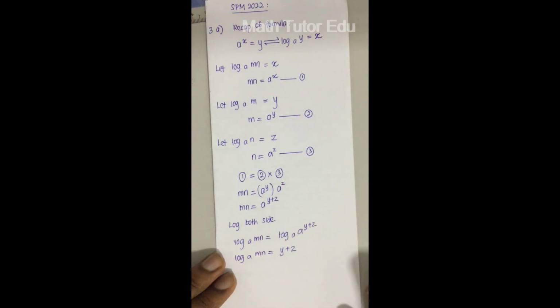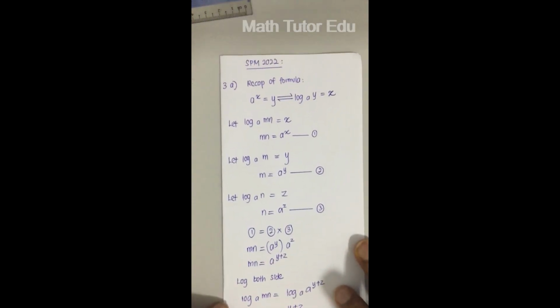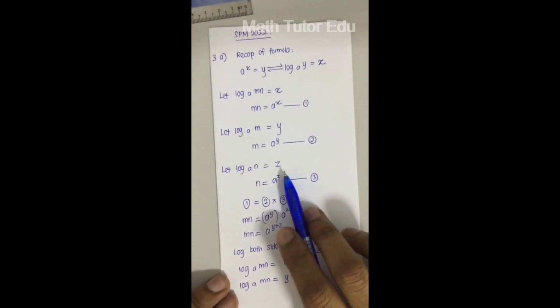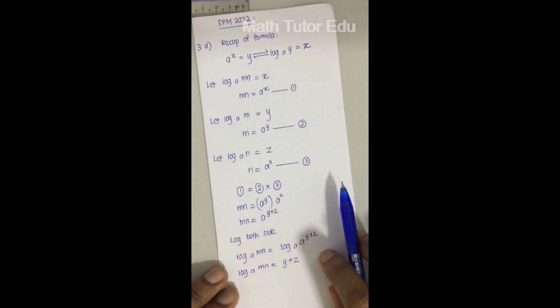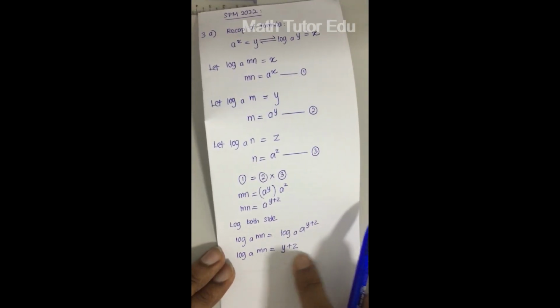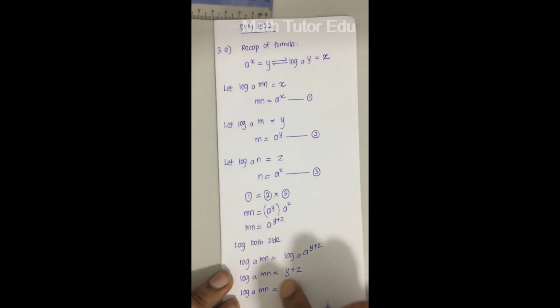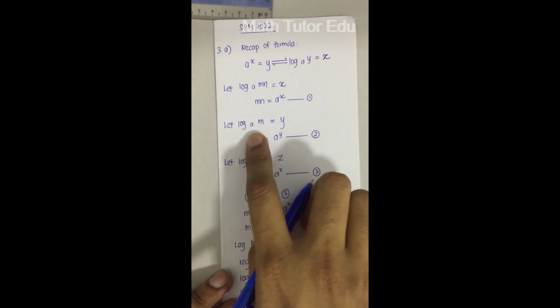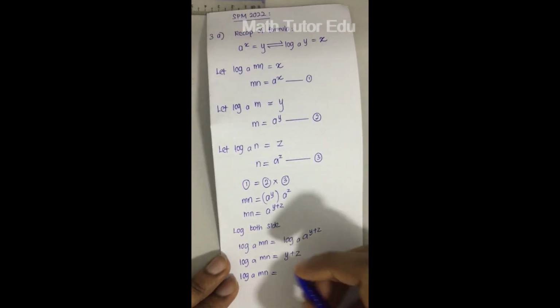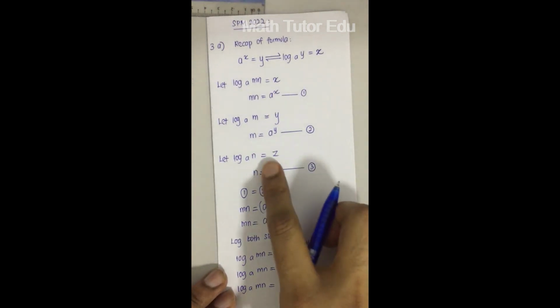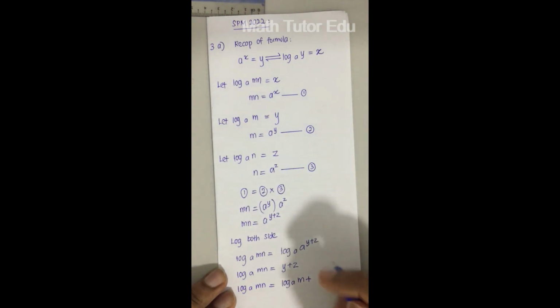Okay, remember guys, in the early part of the equation, we let y equal log a m and z equal log a n. So from here we're going to substitute over here. So log a mn is equal to y, which is log a m, plus z, which is log a n.